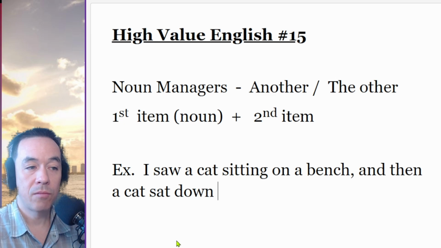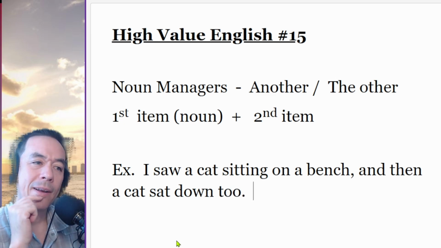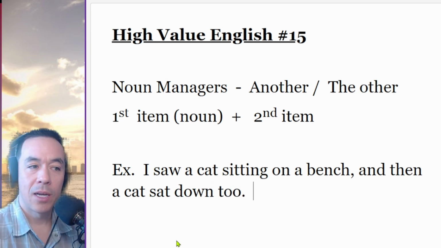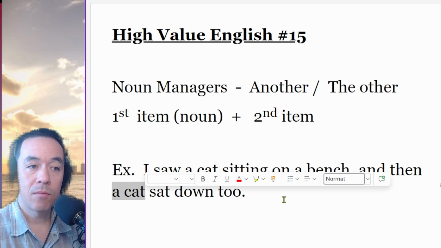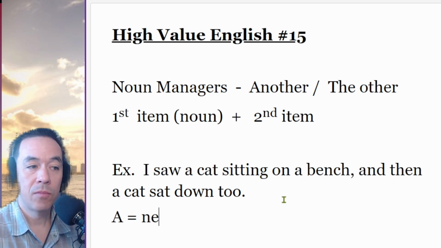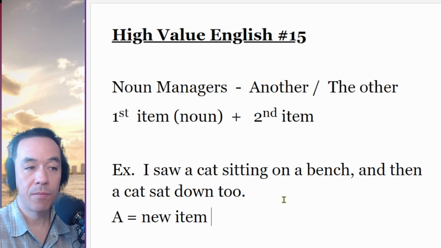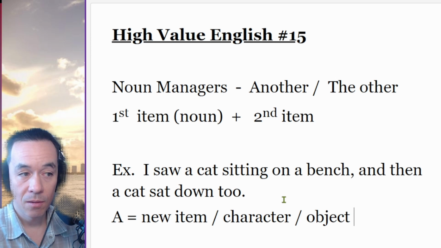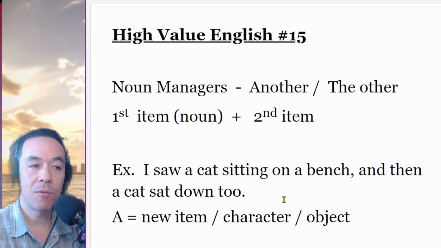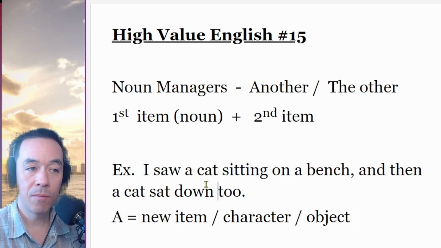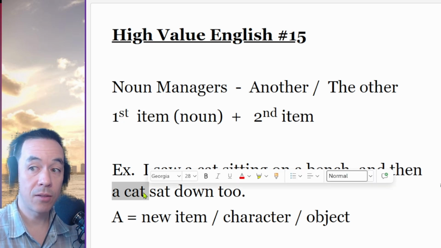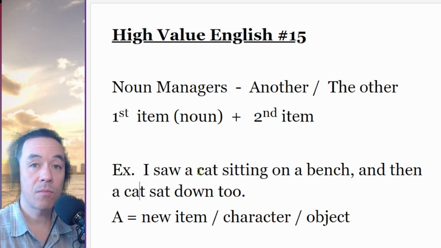sat down too. Now, we know that "a" means a new item or character or object, whatever it is. That means new. So you might think, well, here's a cat, that's new. Then a cat, that's also new. But this is confusing or difficult for the listener to understand.